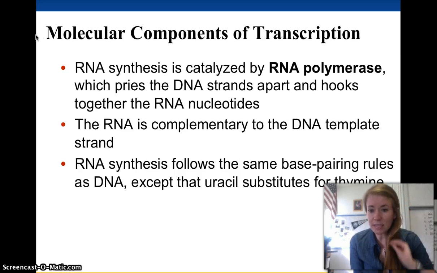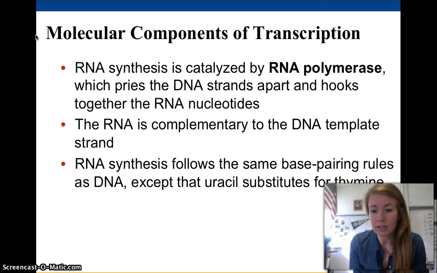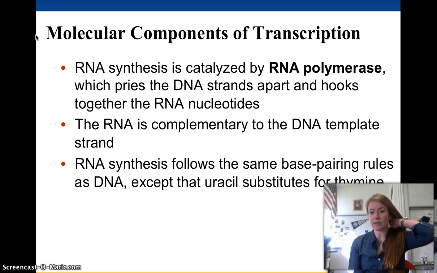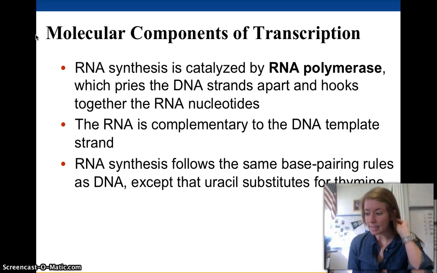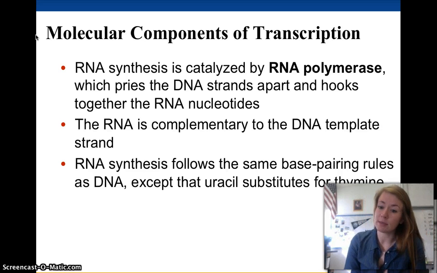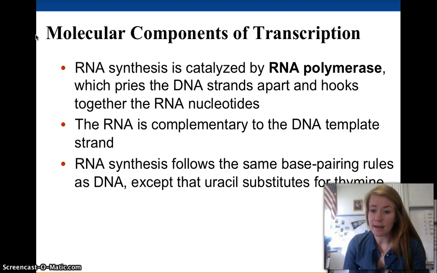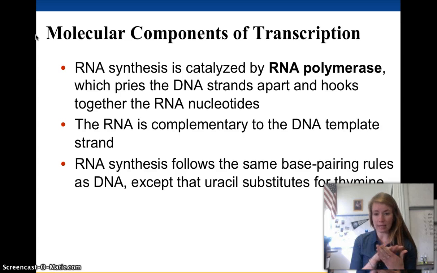And so it does kind of the same job in theory. It adds on RNA nucleotides to a growing RNA strand, just like DNA polymerase did the same thing but with DNA nucleotides. And so instead of needing all those other enzymes like we did in replication, RNA polymerase does it all. It comes in, it unwinds the DNA strand, and it separates it, and it starts building.